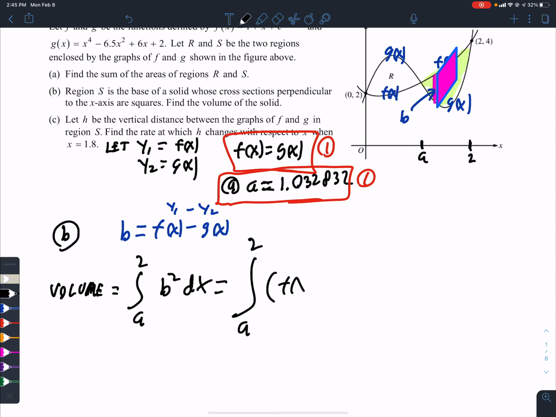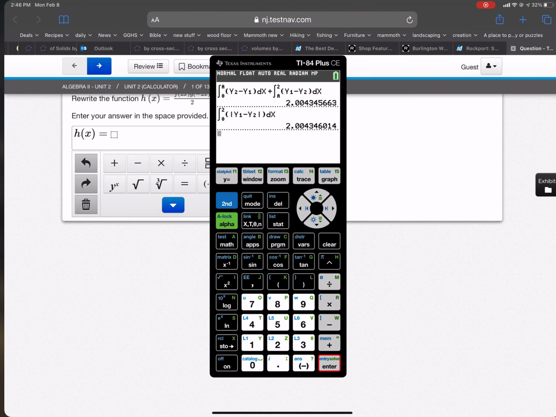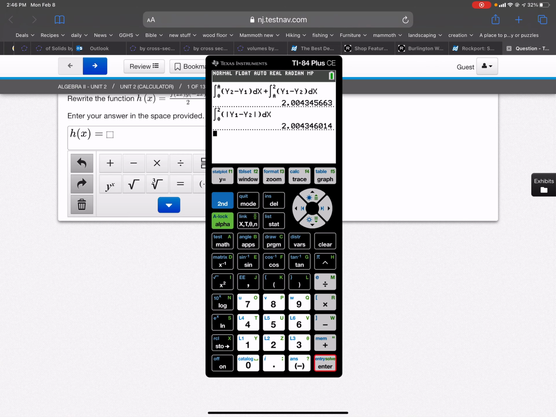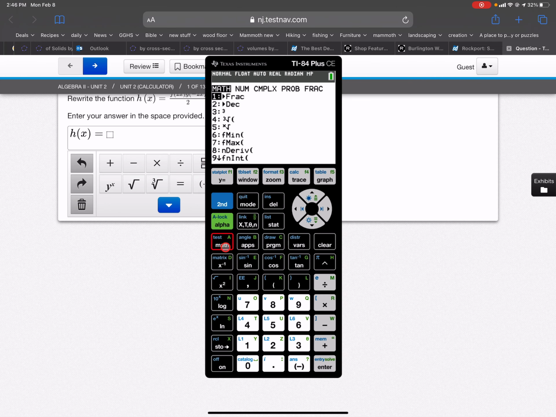So you could put f of x minus g of x, or you could literally put y1 minus y2, but let's do this. Go to the calculator. Math 9 to get an integration.